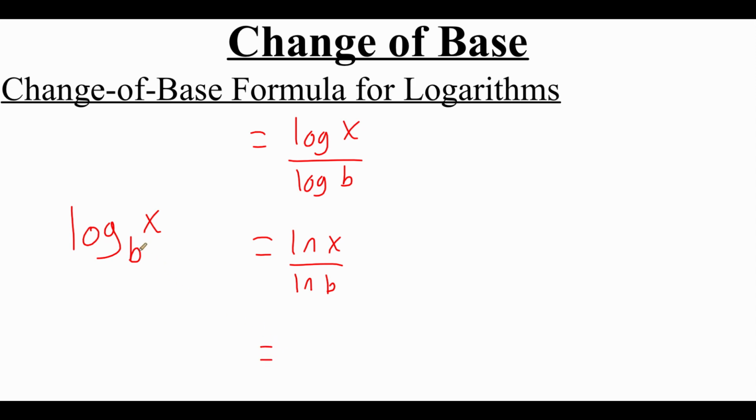But if I wanted to change a base b logarithm to a different base, say base a, then I could make this log base a of x over log base a of b. But again, we'll generally use those top 2 forms more often than not, just because we have a log button on our calculator and we have a natural log button on our calculator. Now, it doesn't really matter which one you choose, whether you use base 10 logarithms or natural logs, because you're going to get the same answer in your calculator either way.